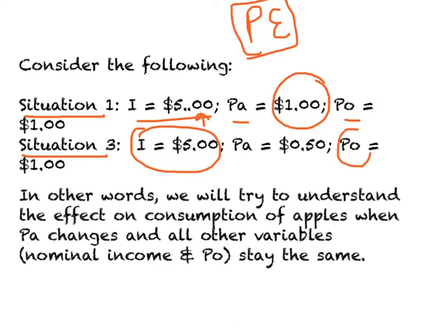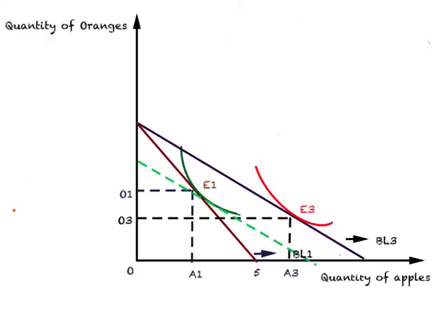Price of orange again stays the same as in situation 1. The only thing which happens differently is price of an apple falls. And in price effect, this is what we try to understand: what happens to consumption of apples when price of an apple falls and all other things remain the same. When we studied price effect in the previous video, we looked at a similar diagram.